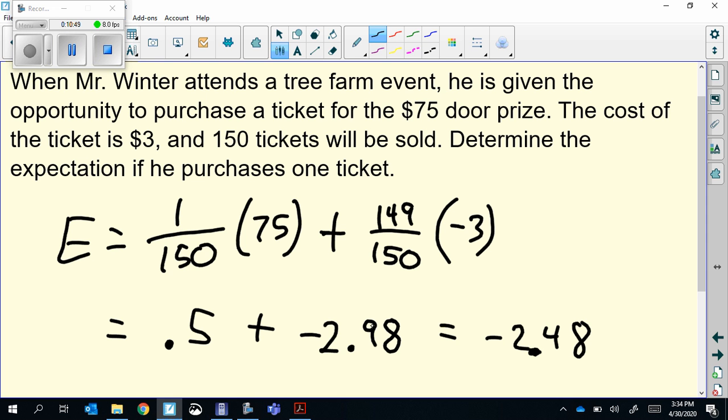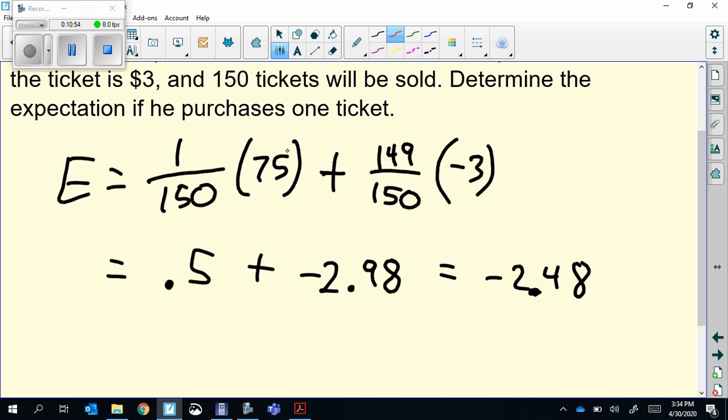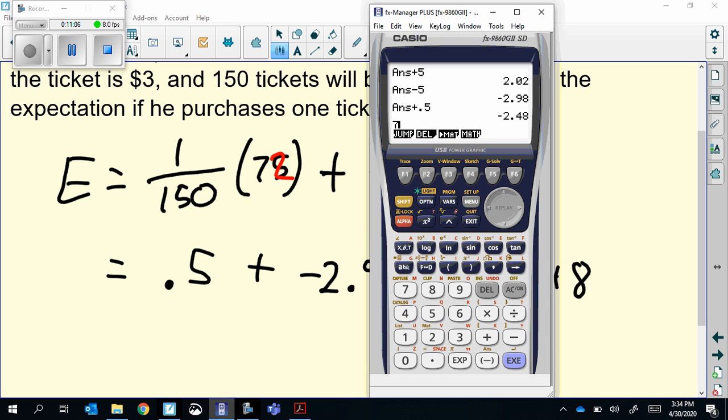So that's the expectation. If we were to change this, because I think you can argue that he wouldn't be winning 75, he'd only be winning 72 because he lost the cost of his ticket in it. We can change that number there, so that's 72 divided by 150, which is 0.48.